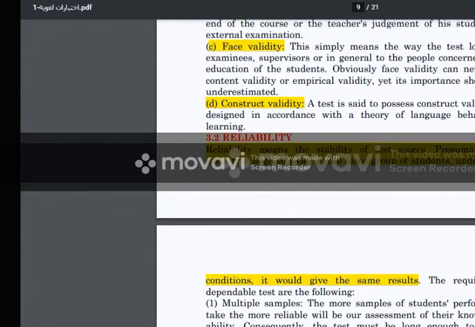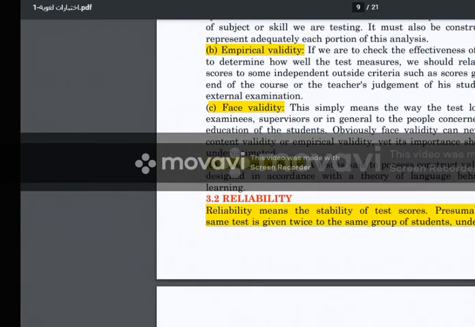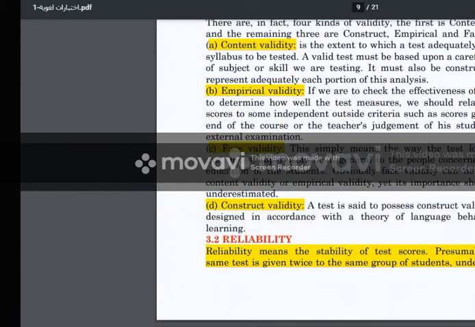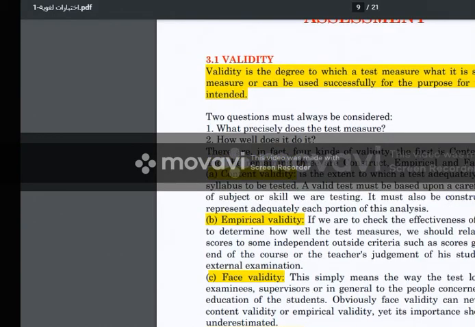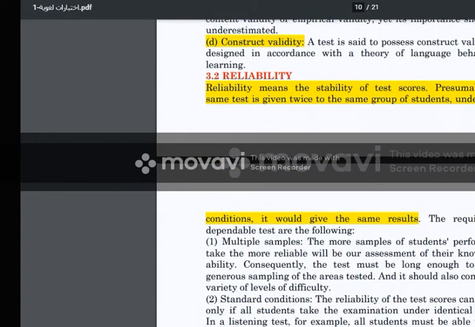If I would like to test the vocabulary knowledge, and I ask them to do a test where its items are about grammar, is it valid or not? Not valid, doctor.